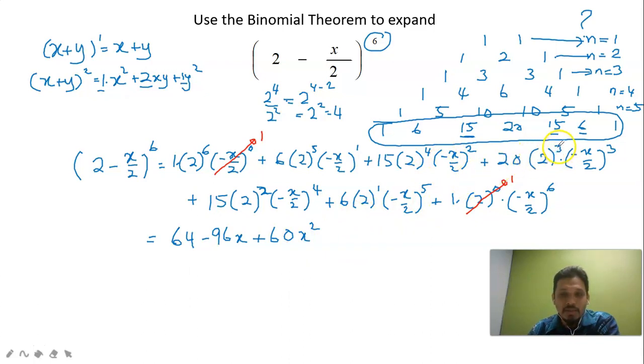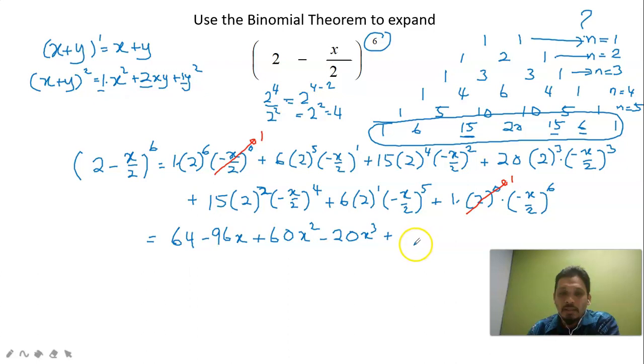And this one here, 2 cubed and 1 over 2 to the power of 3, 2 cubed divided by 2 cubed equals 1. Then finally it gives you minus 20x cubed. Negative to the power of 3 equals negative.